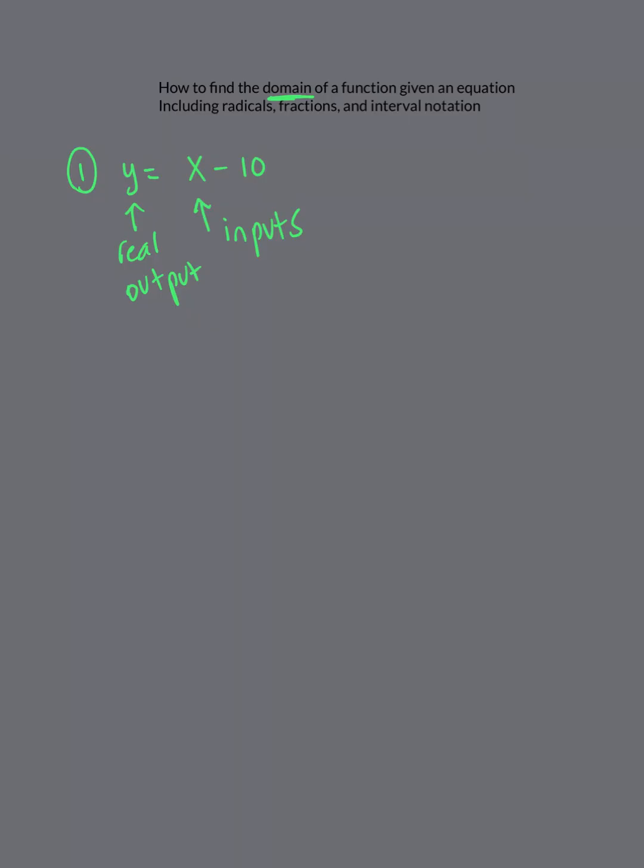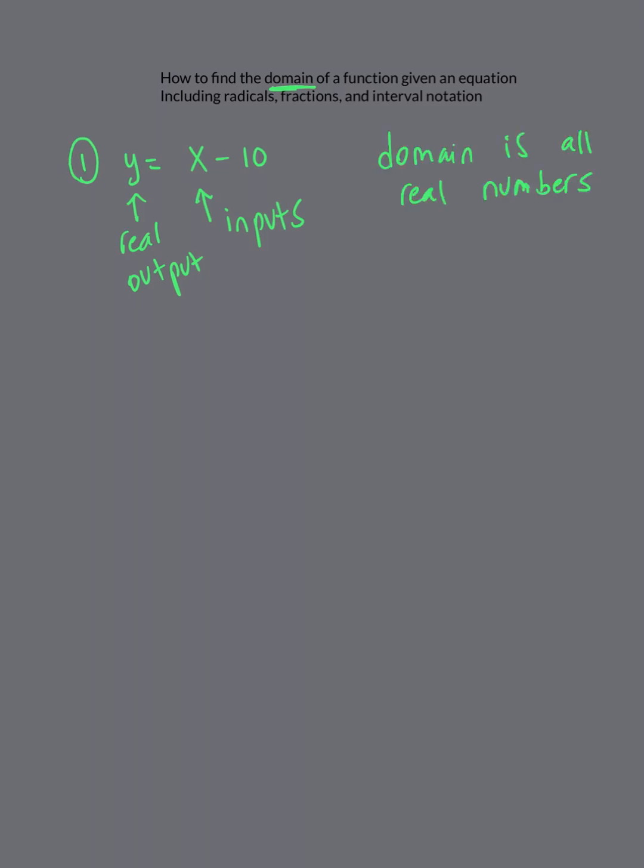You could plug in any x value, any fraction, any decimal, any number at all, and you would get a real output for y. So your domain then is all real numbers. In interval notation, we write that as negative infinity to infinity. In interval notation, you always use parentheses with negative infinity and infinity.